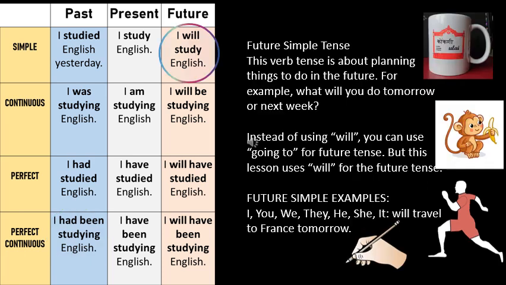Next we move to future tense. First, future simple. Future simple tense, the verb is about planning things to do in future. For example, what will you do tomorrow?